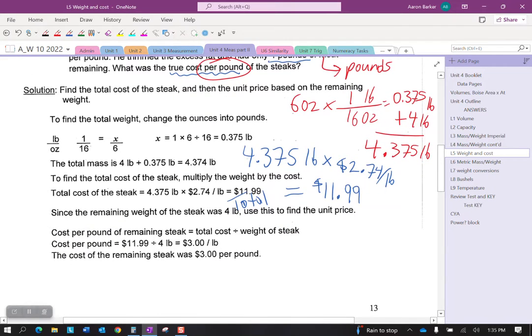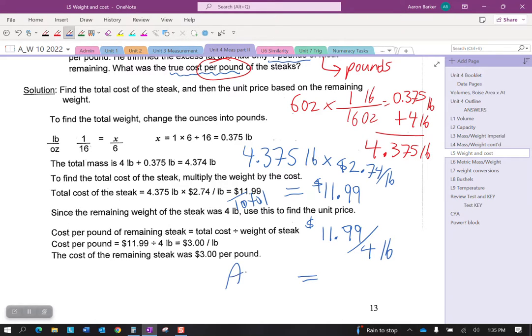So we're going to get the total that we paid for the meat, and now we're going to divide it by how many actual pounds there were to get the actual cost. So divide by 4 pounds because we trimmed some away.